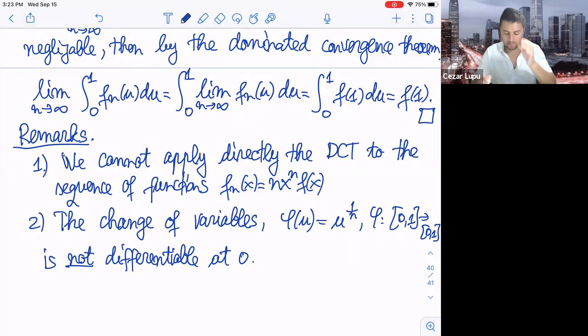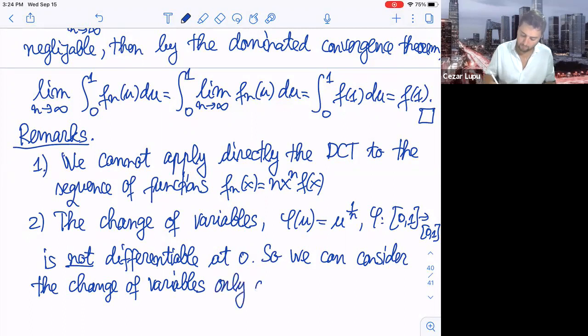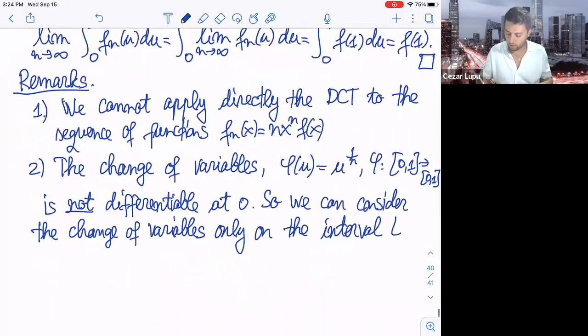So we can consider the change of variables, or the u-sub, only on the interval epsilon to 1, away from 0.